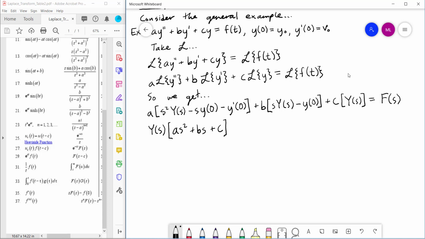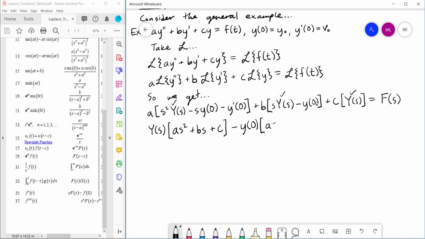So we've taken care of this term and this term. The three remaining terms we'll pull out and group over here. And if you want, you can even group the two y of 0 terms together. So I'm going to group the y of 0 terms together. It's going to be minus y of 0 times, and I already factored out the minus sign because it shows up with a minus sign in both places, a s for the first one and b for the second one.